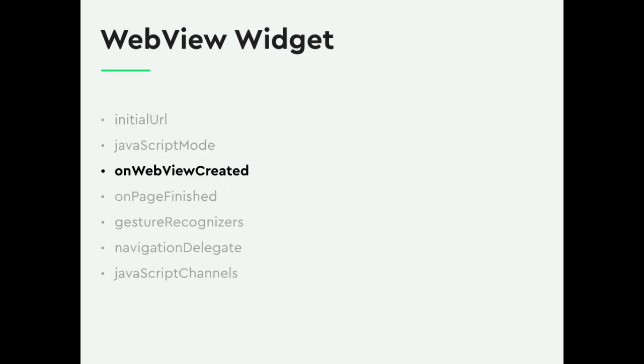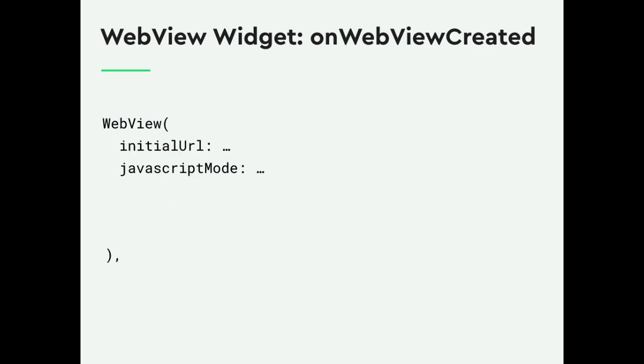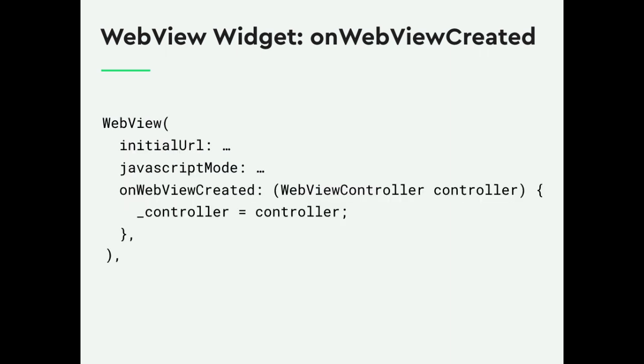Another parameter that this widget gives you is the onWebViewCreated, which you can probably guess what it's doing. So I'm adding the onWebViewCreated here. Exactly, onWebViewCreated is expecting a callback, a WebViewCreated callback.